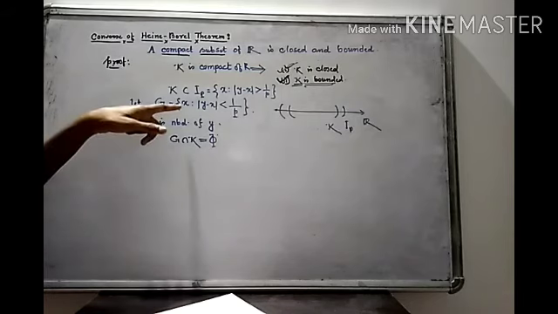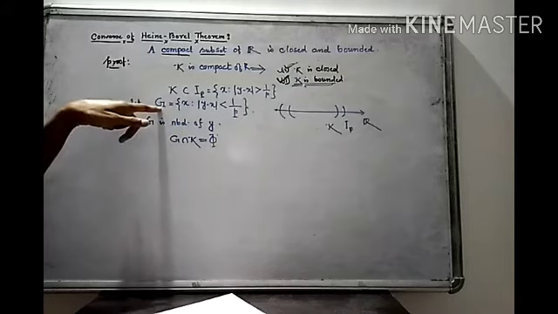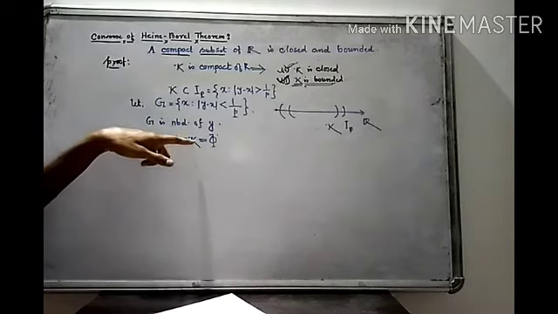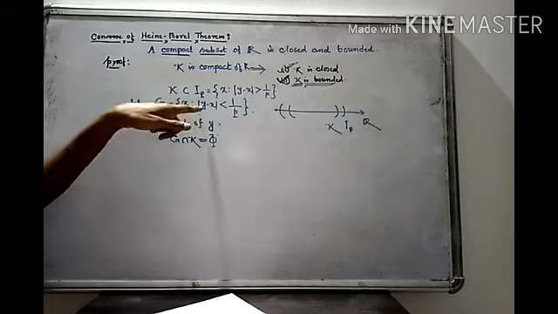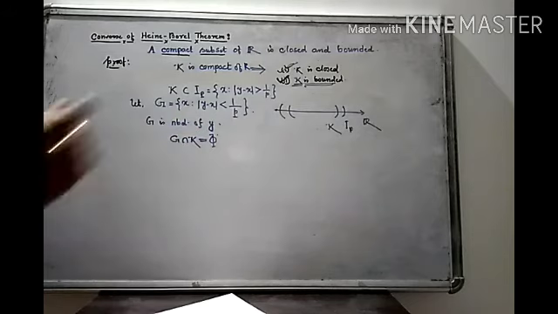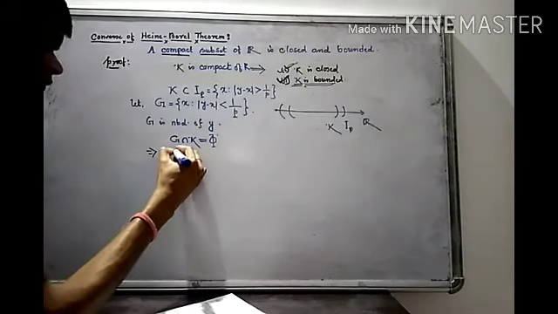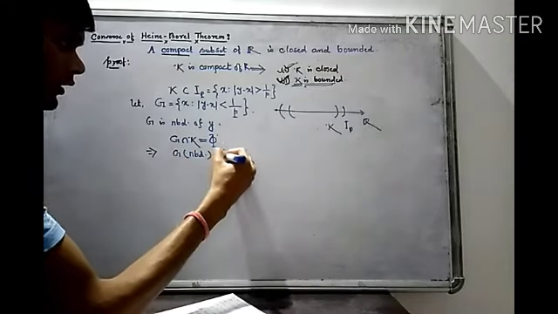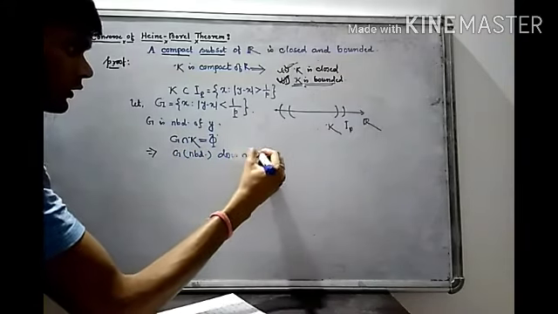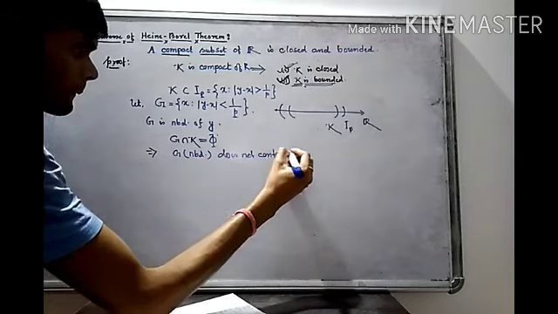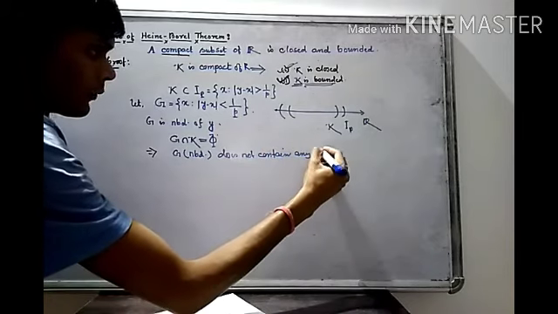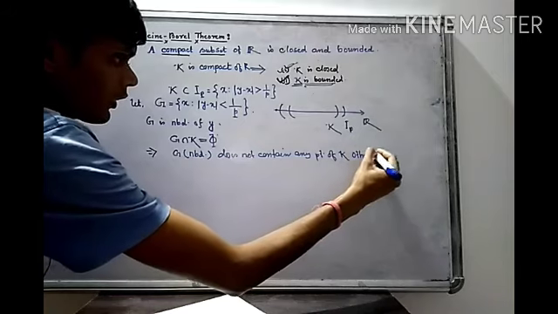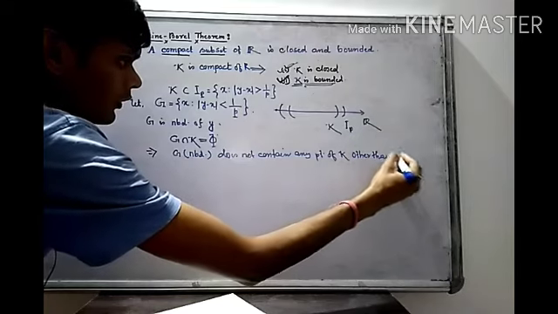That means this neighborhood G does not contain any point of K other than y.